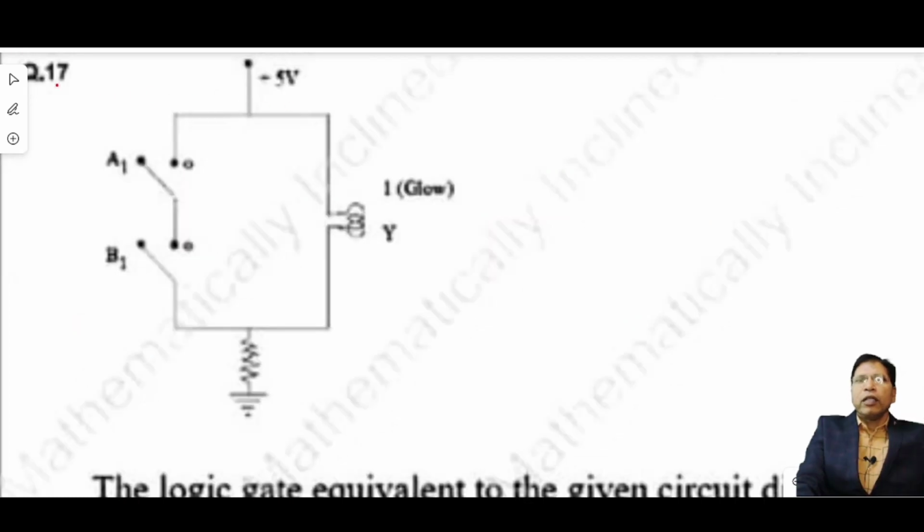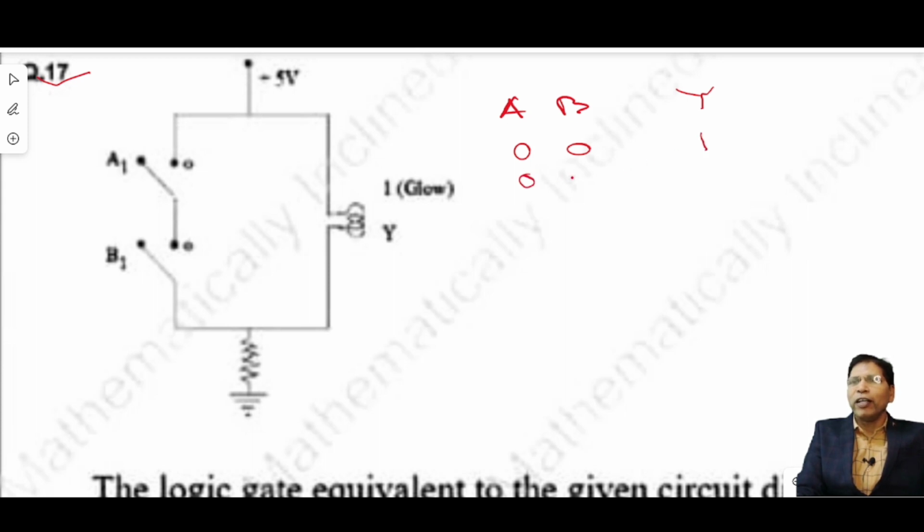Now question number 7. This is a circuit, and we have to identify which category of gate it is. This is A, this is B, and this is Y. A off, B off, then the bulb is on.